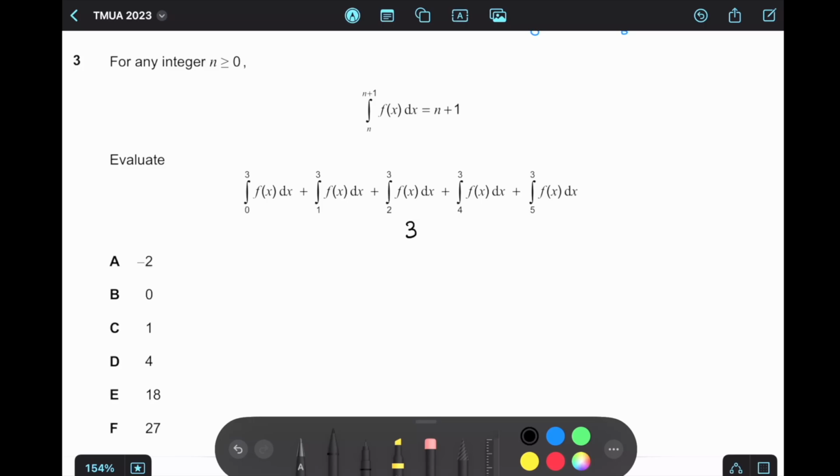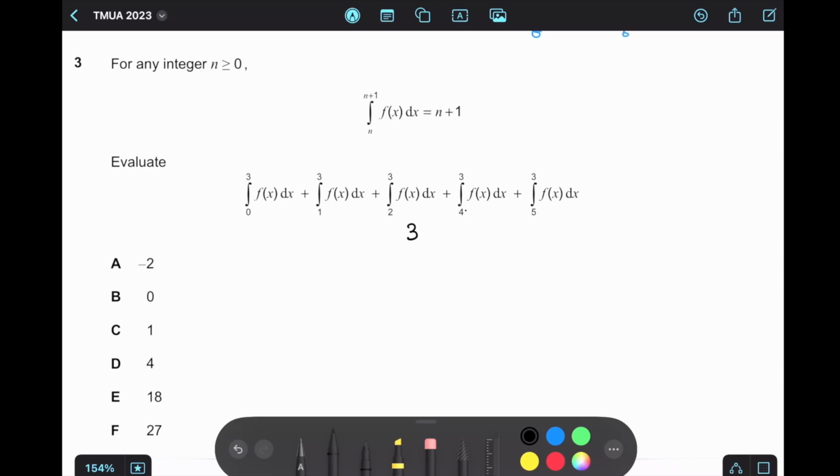So let's move on to the fourth one over here. So this is the integral from 4 to 3 of f(x) dx. So recall the following fact. The definite integral from a to b of f(x) dx is equal to the negative of the integral from b to a of f(x) dx.